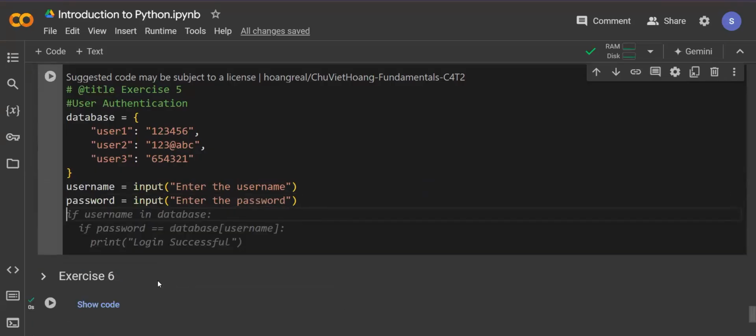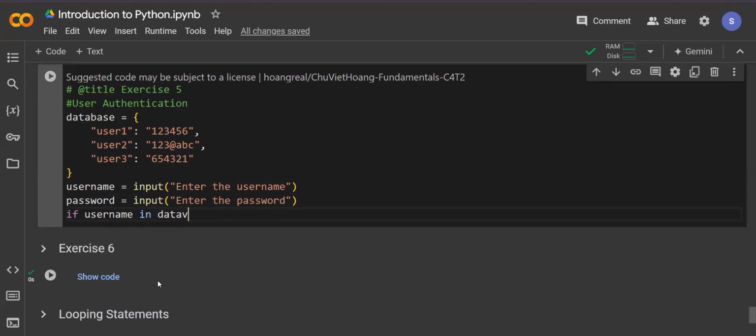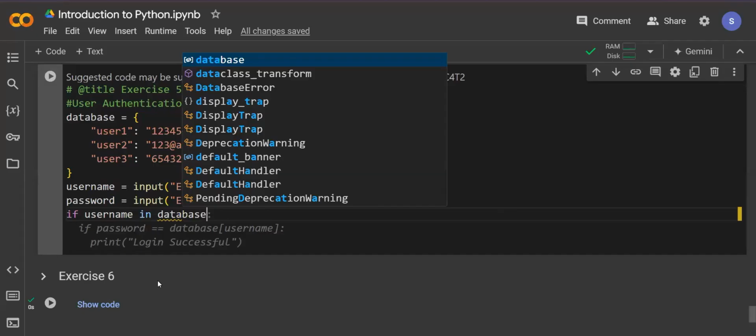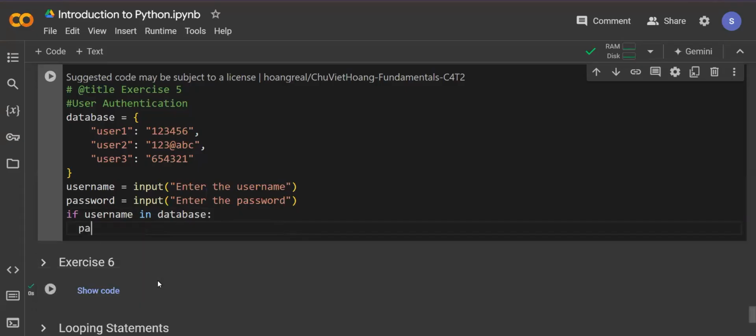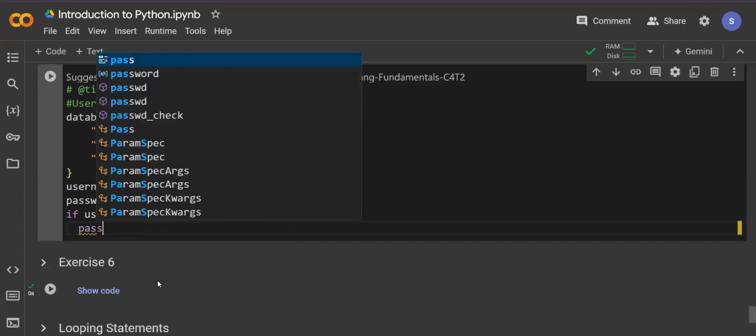Next, if this username is present in the database, then we are moving inside. Here, we are supposed to ask the password. So let's check whether the password is equal to the given password.